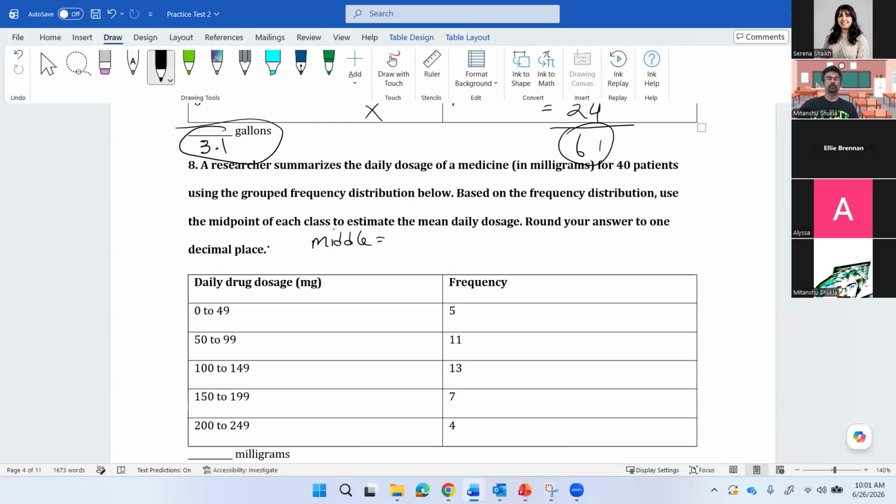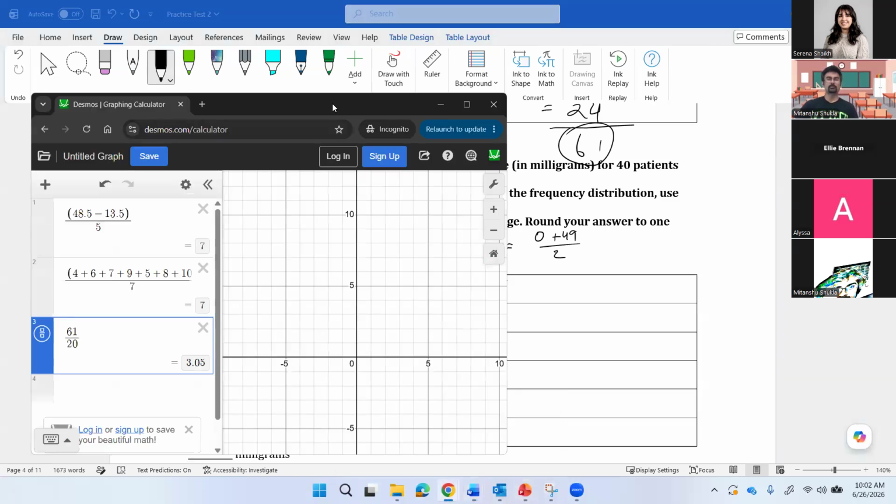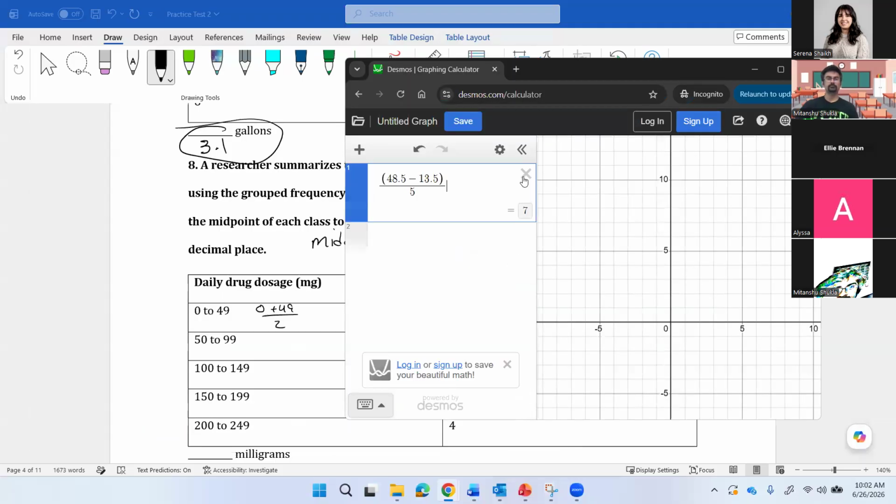And how I find the middle is going to be initial plus the end, divided by 2. So I would do 0 plus 49 divided by 2. That's what I would do here. When I do that, I get 24 and a half.